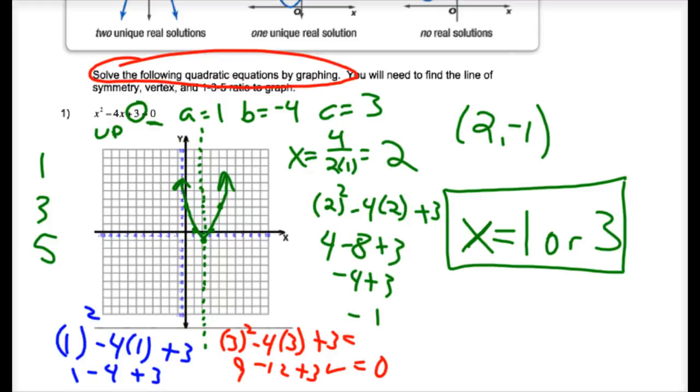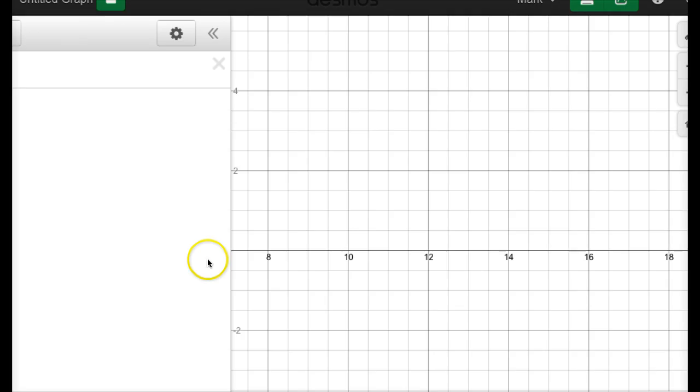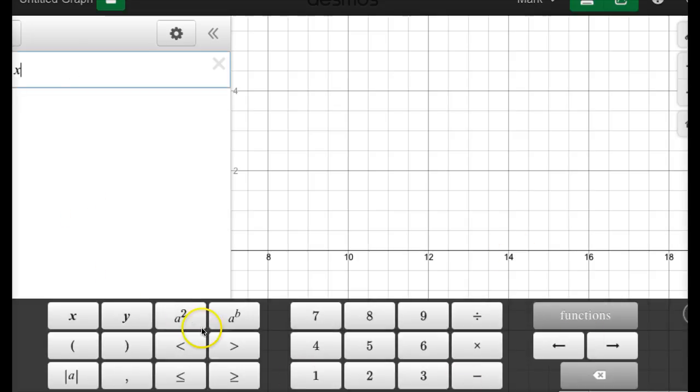Okay, let's practice this with Desmos real quick. Everybody go to your Chromebook. Go to the Desmos app or the Desmos website. Same thing. All right, here's how you type this in. Hit x. Then you hit the squared button.